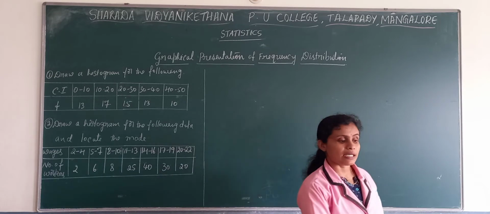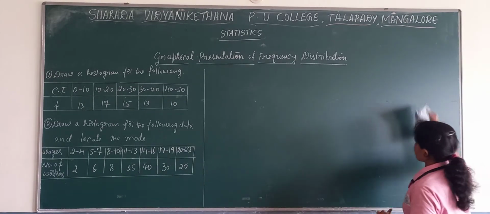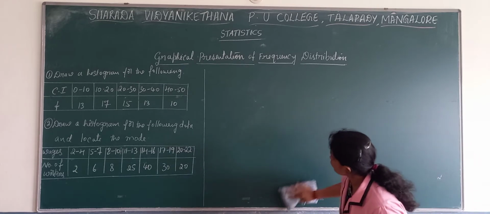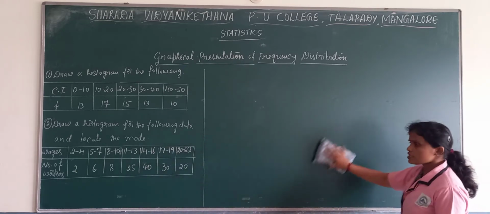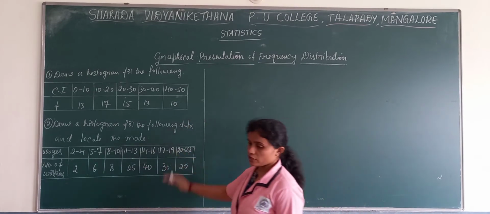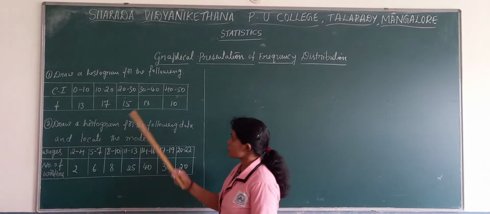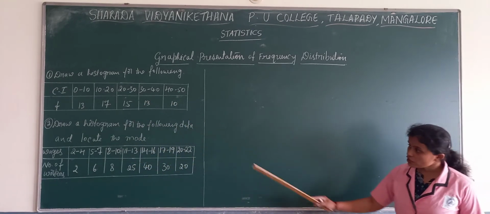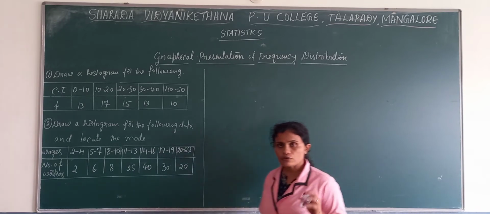We require graph sheet in order to draw graphs. Now, graphical presentation of frequency distribution. What is a frequency distribution? It is nothing but what we have written here. So, how to present this frequency distribution in the form of a graph?